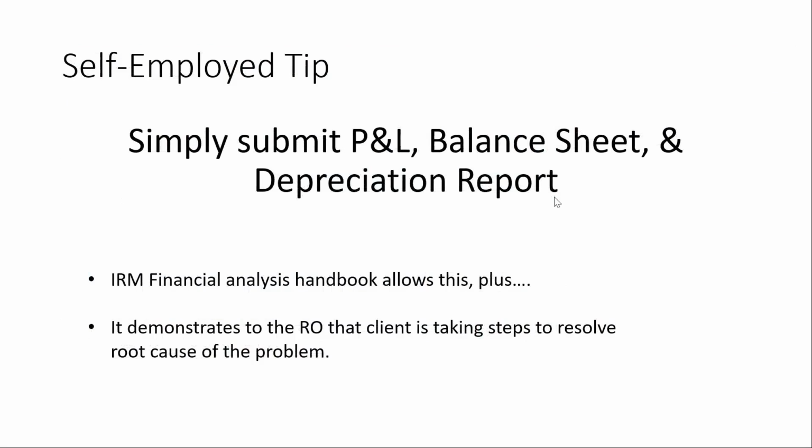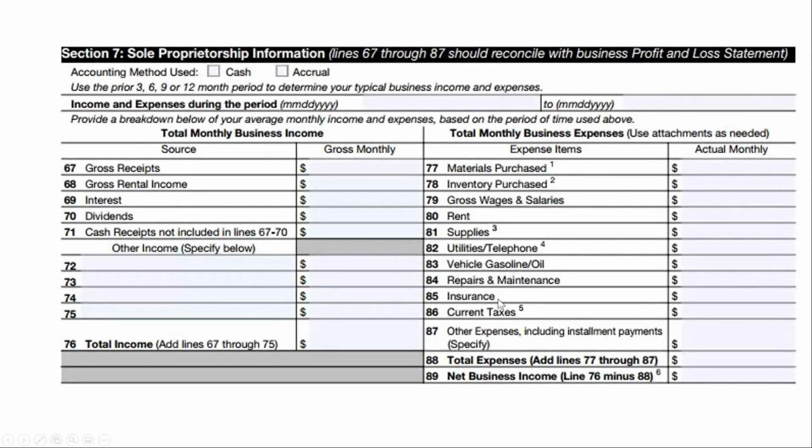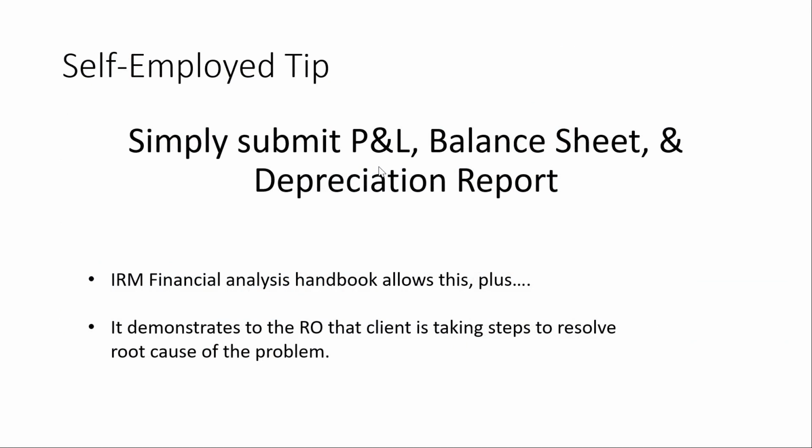Here is my trick for you on this. I have never completed this page of the form. Never done it, never will, okay? Instead, do the books, create a P&L, balance sheet, depreciation report, and attach those to the 433A, okay?